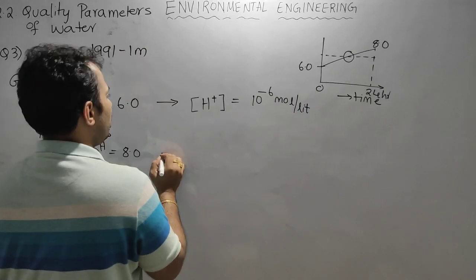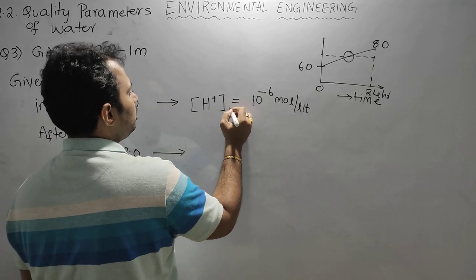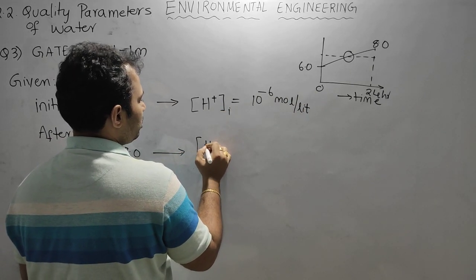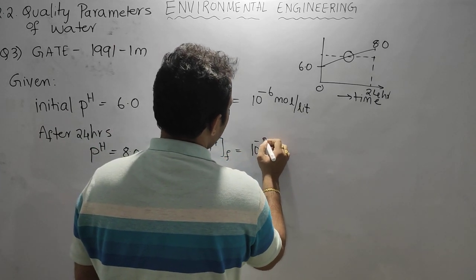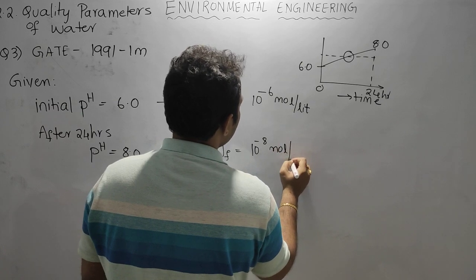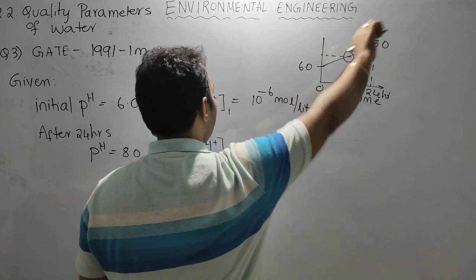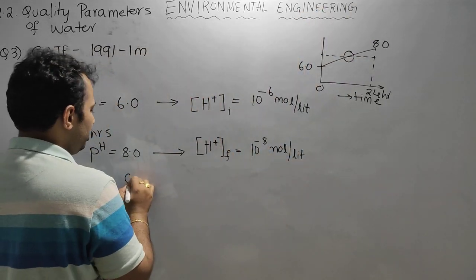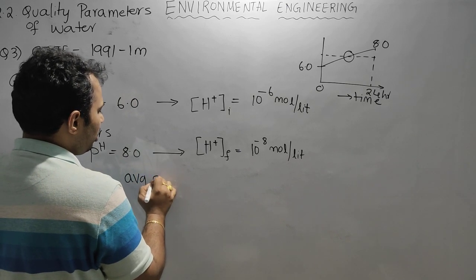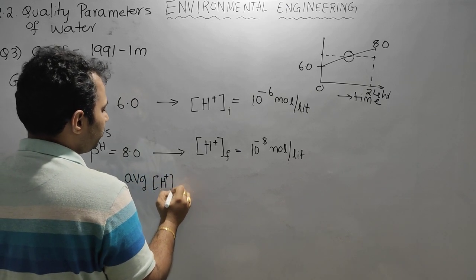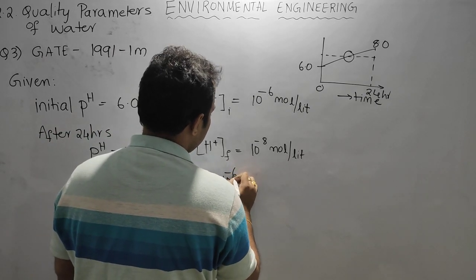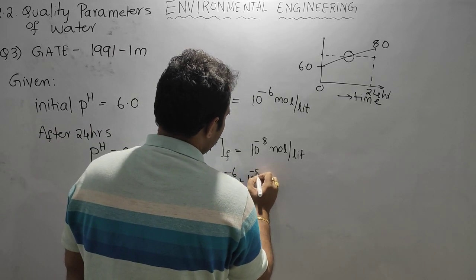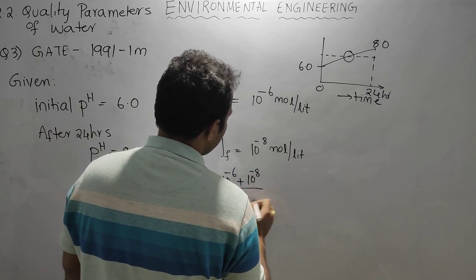Similarly here the hydrogen ion concentration. Initial is 10 to the power of minus 6, and the final H plus ion concentration is 10 to the power of minus 8 mole per liter. It is linearly varying, that means the average H plus ion concentration is equal to 10 to the power of minus 6 plus 10 to the power of minus 8, divided by 2.